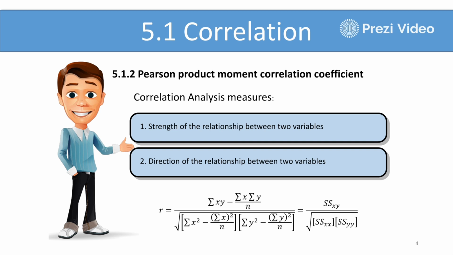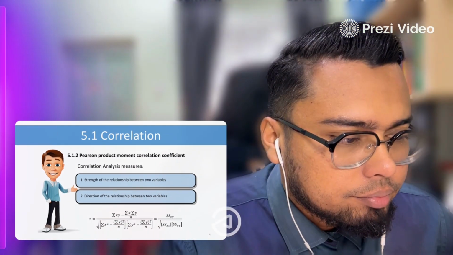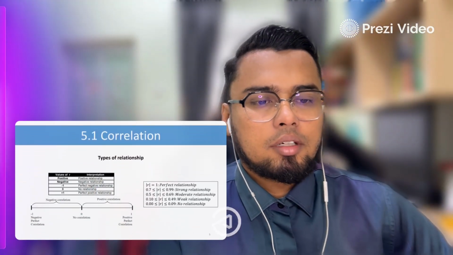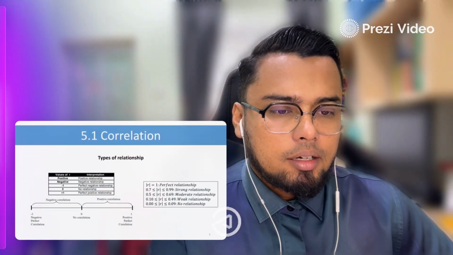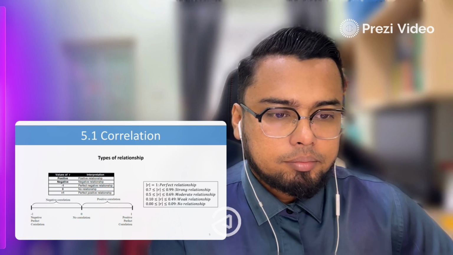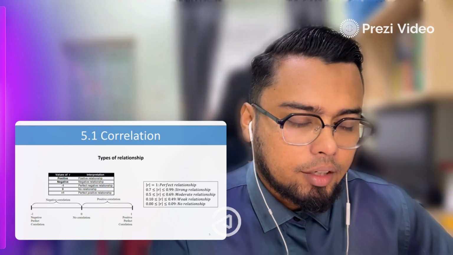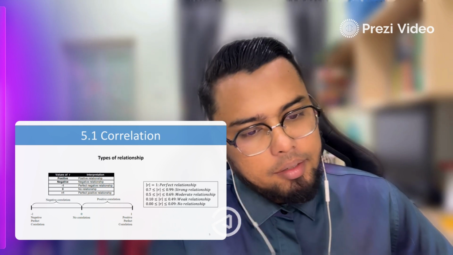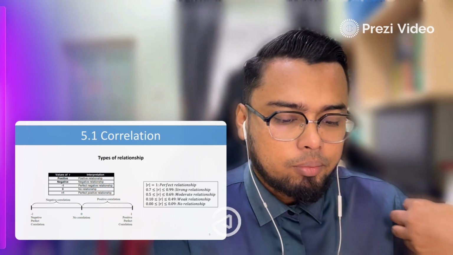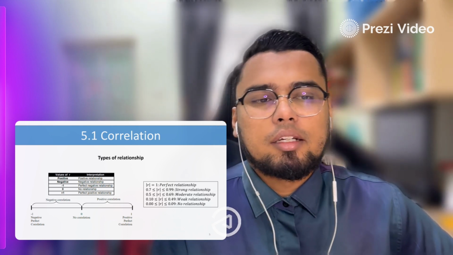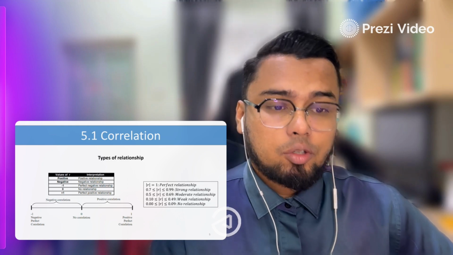How do we interpret the value after we have calculated our correlation coefficient?